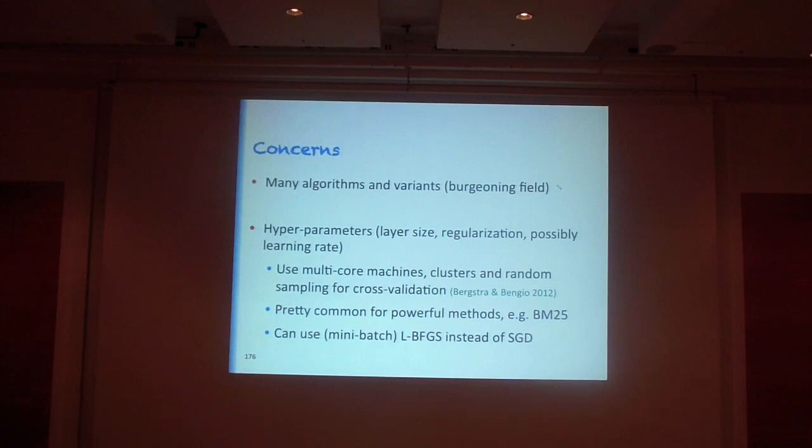Fortunately, you can use this trick that I was mentioning before of random sampling to automatically set hyperparameters in a way that's quite reproducible and efficient. And you still need to maybe launch dozens or even hundreds of jobs, but nowadays it's not so hard anymore, and if you use GPUs, that's even faster.